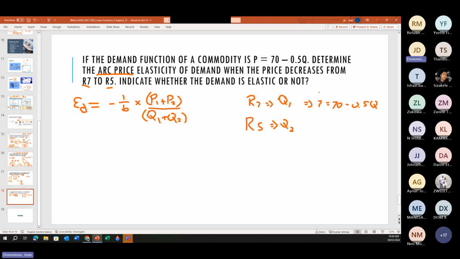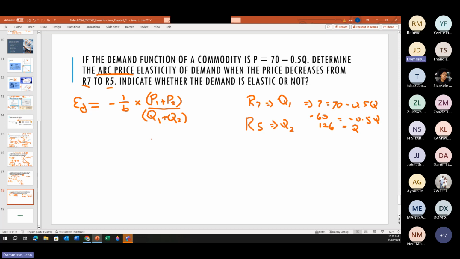So 70 will go over to that side, so it will be minus 63 equal to minus 0.5Q. So Q will end up being 126.